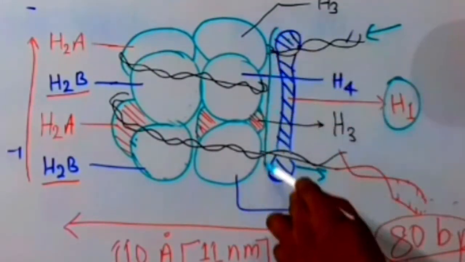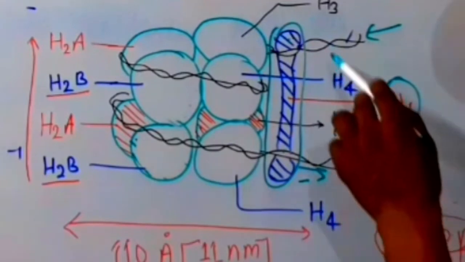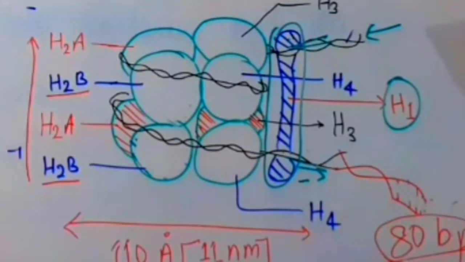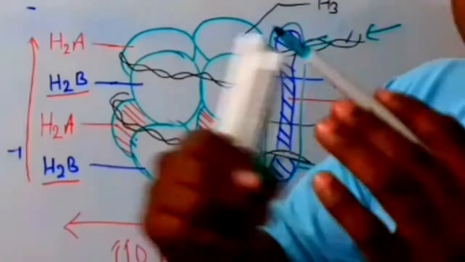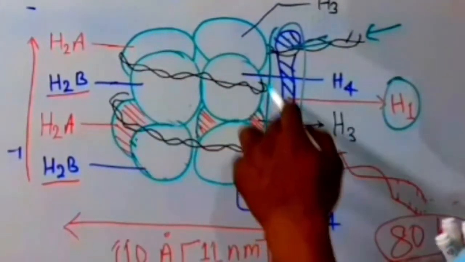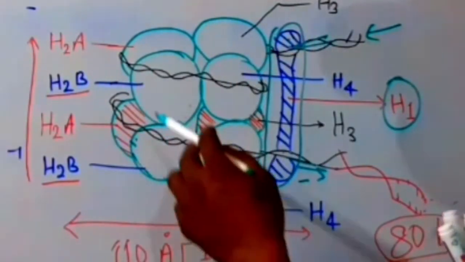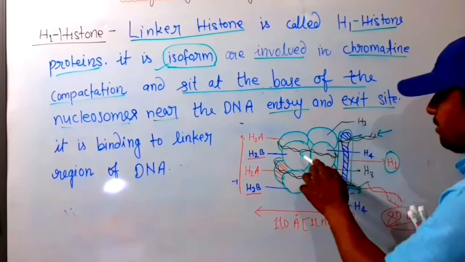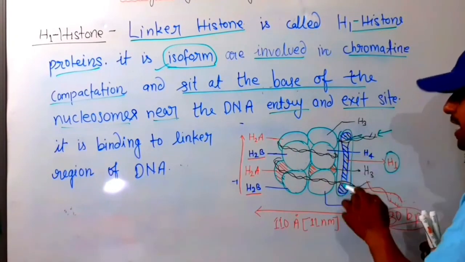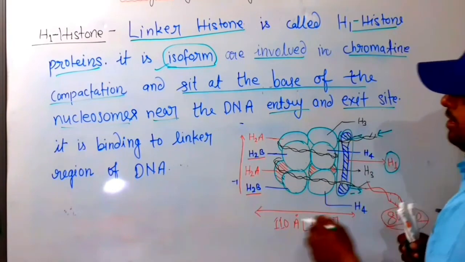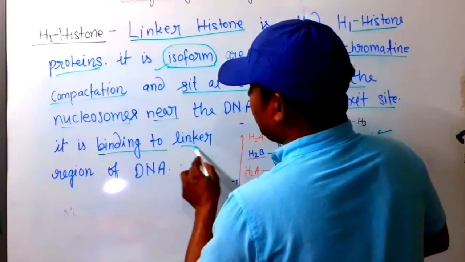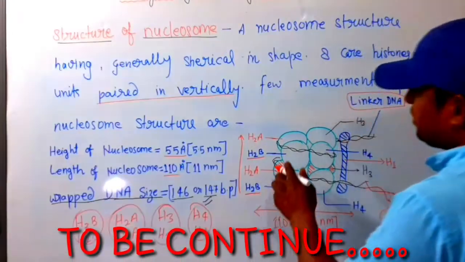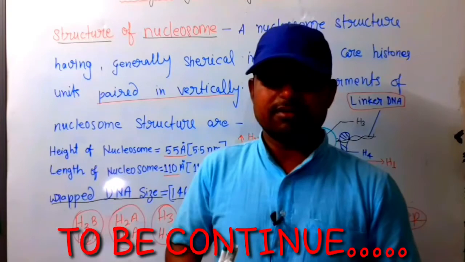This is the H1. H1 binds the entry DNA and exit DNA. This stabilizes the structure, and all the core histone proteins are stabilized due to the linker binding. So it binds to the linker region of the DNA. This is the linker region. This is the basic structure of the nucleosome.